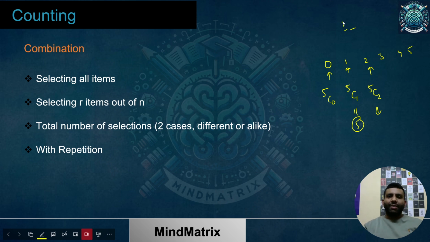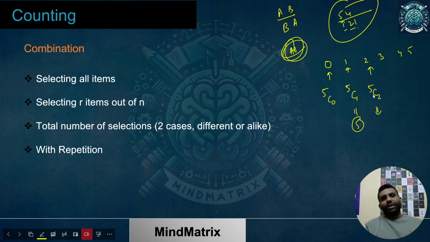So first toy can be any of these 5, second can be one of, after removing the first, what am I left with? So 4 choices, and I'm not talking about the arrangement, I'm talking about just the toys I'm having. Let's say A toy, B toy was there, so I'm not talking about A, B or B, A. I'm just talking about that I have these A, B toys, that's it. Not first A, then B, or B first, then A, something like that. Okay, so divide by 2.